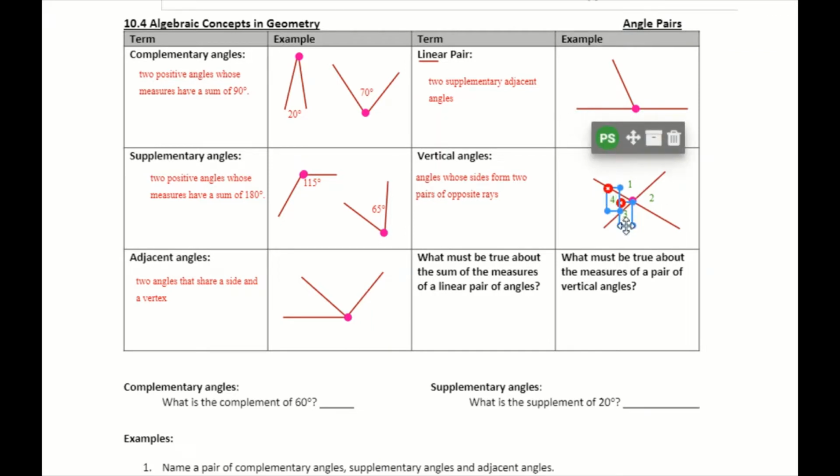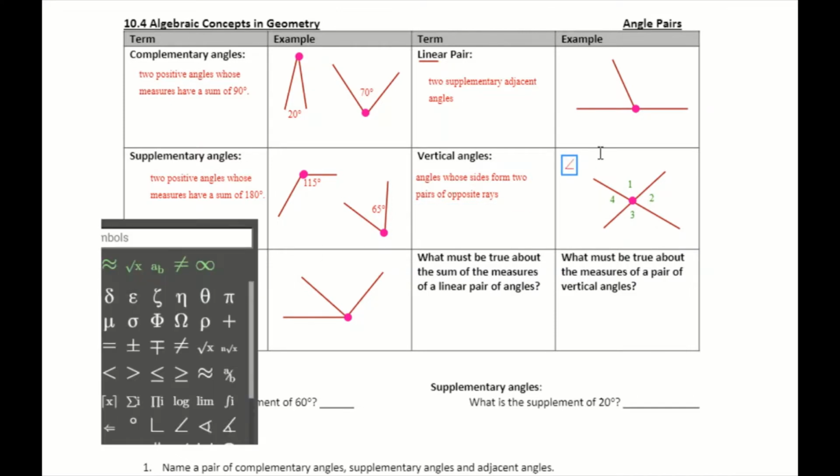So in this case, you would say that angle 1 and angle 3 are vertical angles. And then also you've got this other pair, 4 and 2.